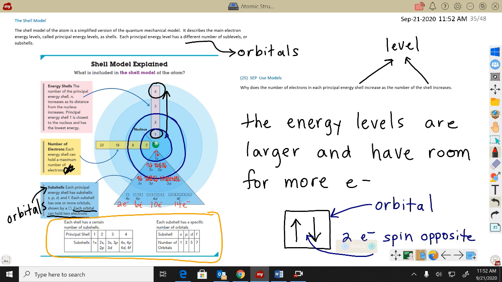Well, eventually we really care about the electron structure, because when I have 2 atoms and I want to see if they'll interact with one another, will they bond, will they have a chemical reaction? If you bring 2 atoms close to each other, what's the first thing to interact? It's the electron cloud. That's what's on the outside of the atom. So we really want a good model of the electron structure, because that's going to help us predict bonding and chemical reactions.